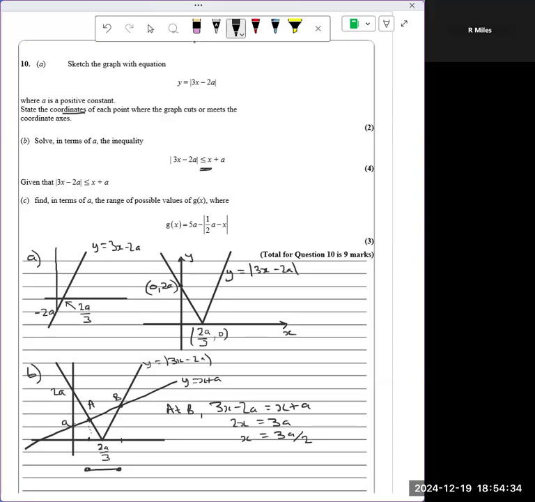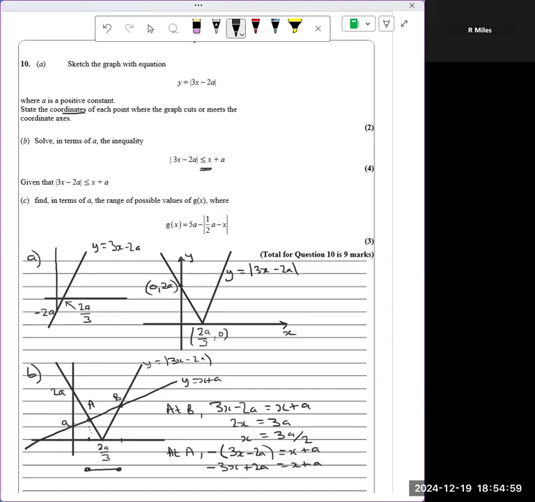And then the other one at A, this is what I call the negative branch. So that is the minus of the modulus function, minus (3x minus 2a), which is still equal to x plus a. And then we need to solve that. So that is minus 3x plus 2a equals x plus a.